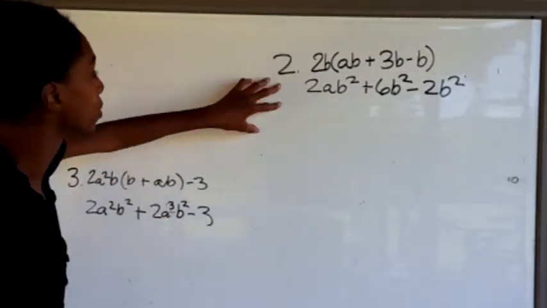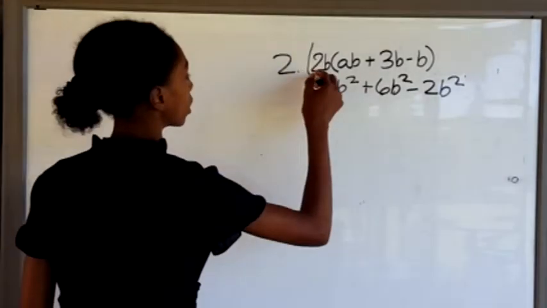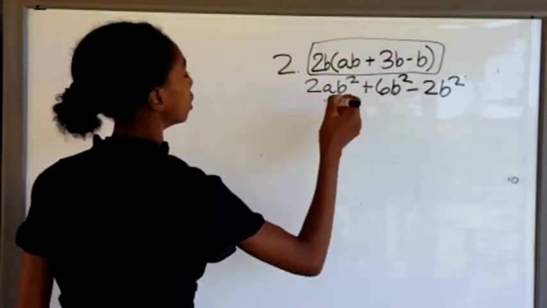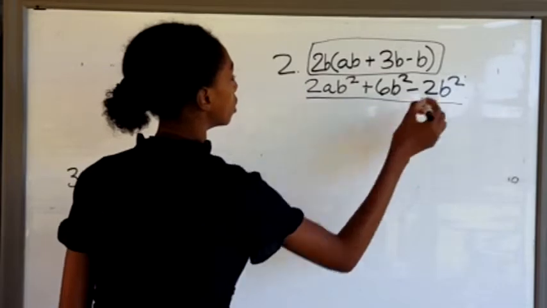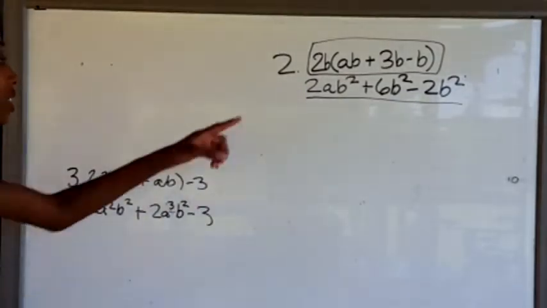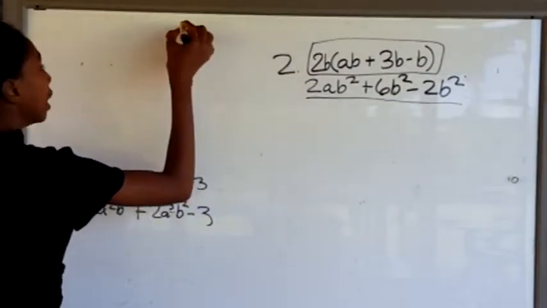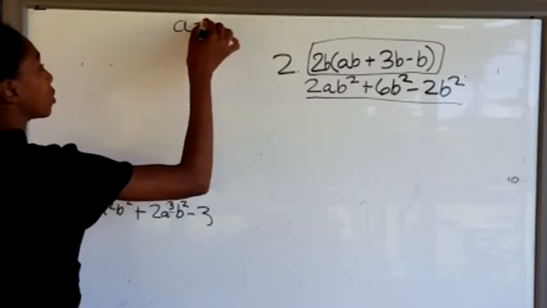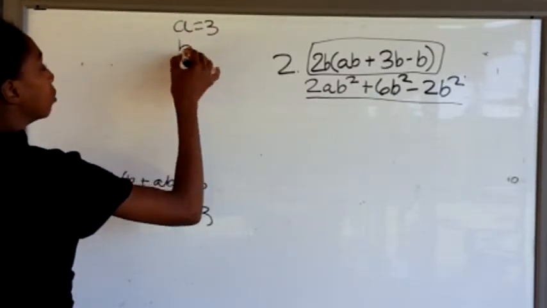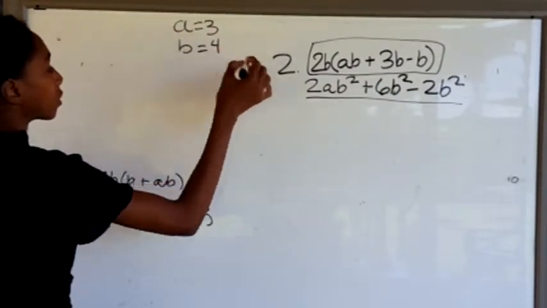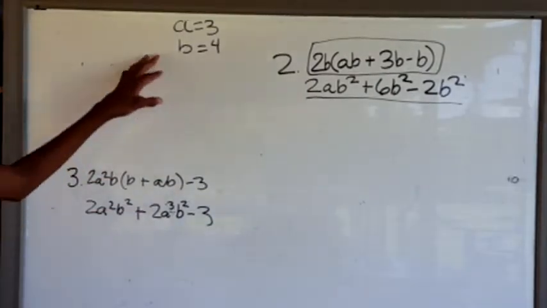Alright, so for the first one, we're going to work it out this way before we distribute, and then we're going to work it out after we distribute. Alright, so we're going to say that A equals 3 and B equals 4. We're going to use that for both of them.